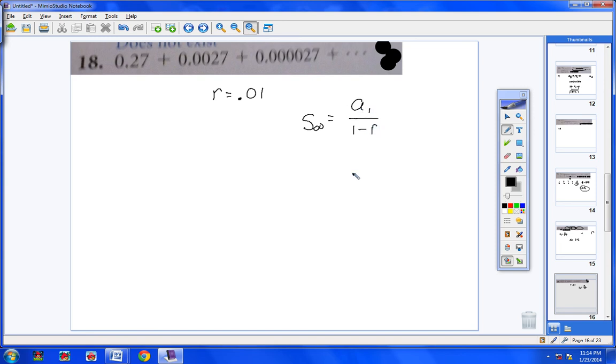So my first term is 0.27 and my denominator is 1 minus 0.01.